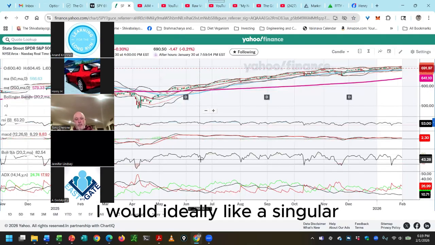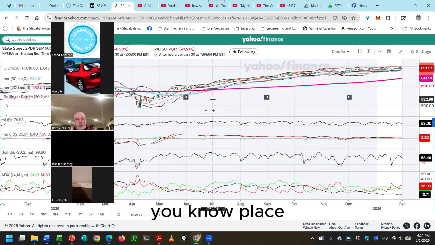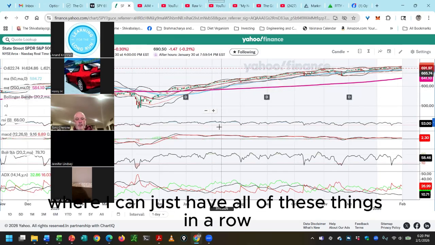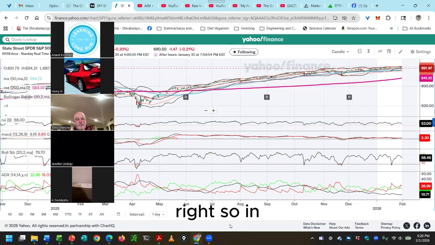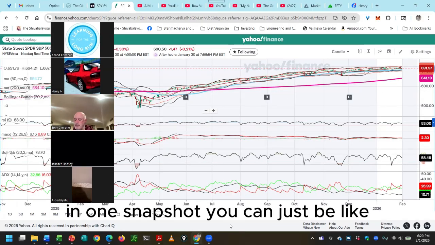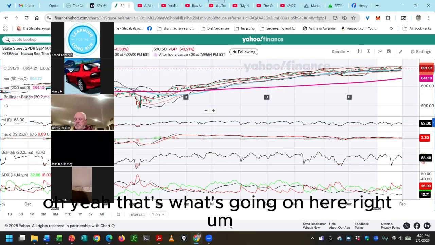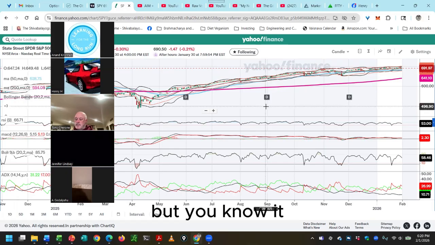I would ideally like a singular place where I can have all of these things in a row, like this plus the squeeze, so in one snapshot you can just say, oh yeah, that's what's going on here. But it depends.